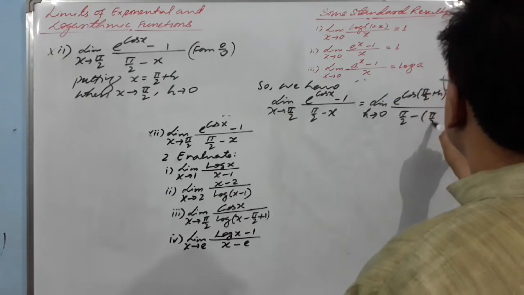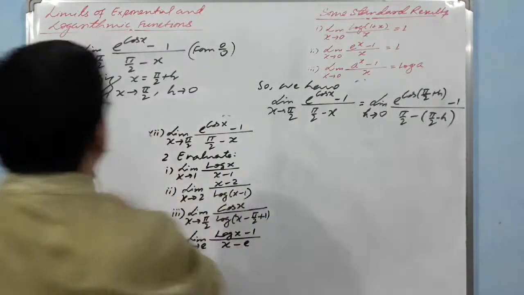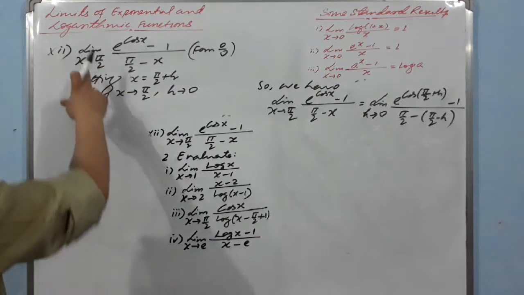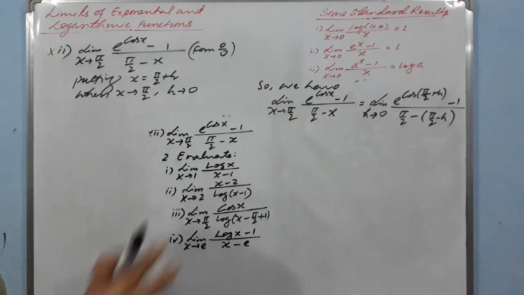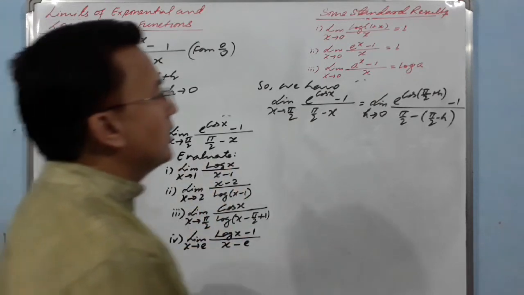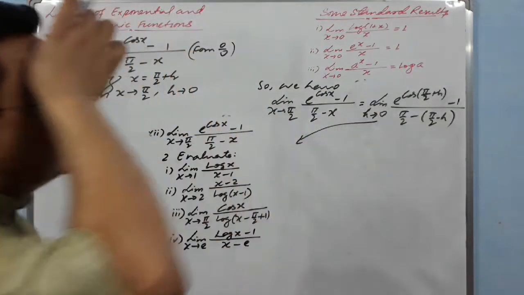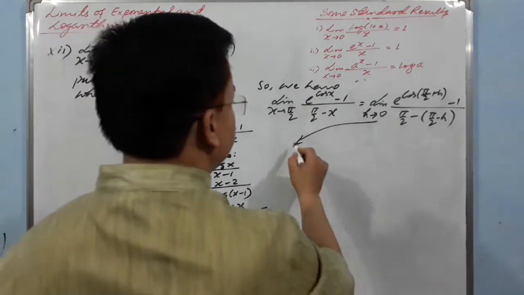What is your pi by 2 minus h? Clear everybody? So listen to me. What to put here? Putting x is equal to pi by 2 plus h, that is, variable is equal to constant plus another variable of your choice. According to your choice you can use any variable. Here I have taken h. Instead of h you may take y or another variable also, right?